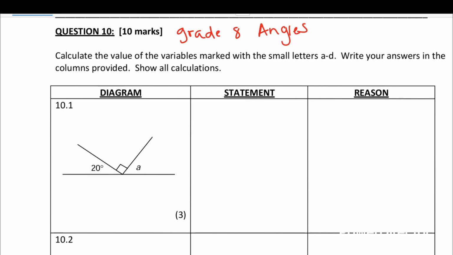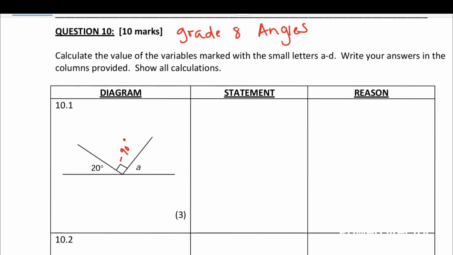There it is. We're given our angles, guys. And I told you, we know the angles on a straight line. This is a straight line. And when you see a box, just know that this is a right angle, 90 degrees.